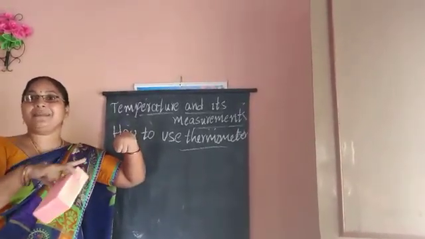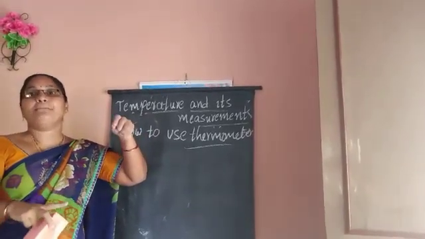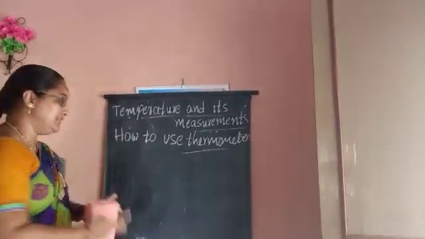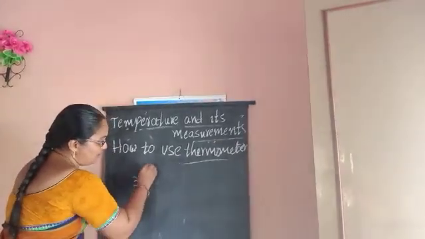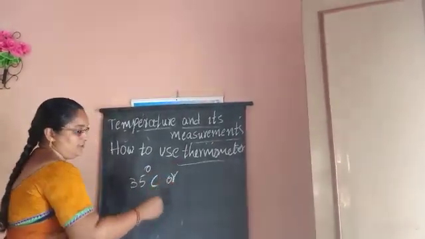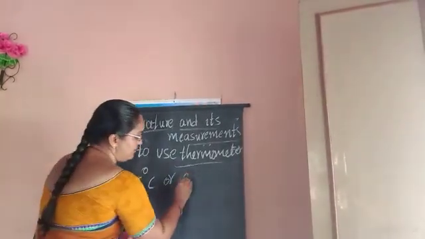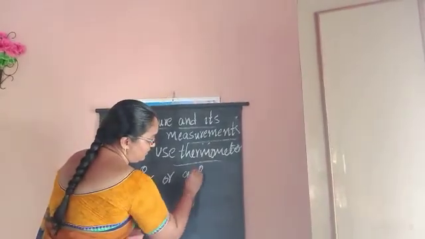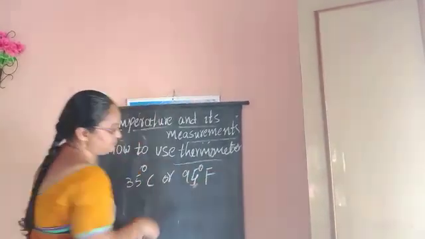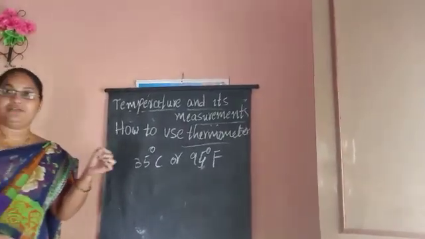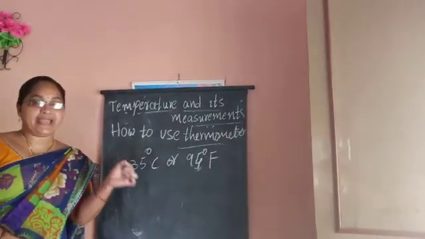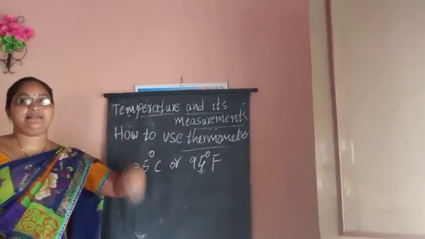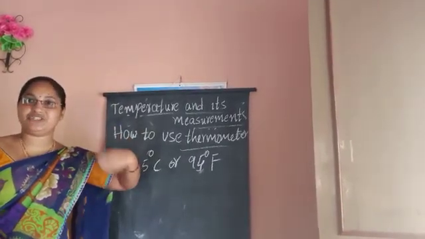The mercury level in the capillary tube must fall below 35 degrees Celsius, or 95 degrees Fahrenheit. After taking out the thermometer from the antiseptic solution, the sister or doctor will give jerks to the thermometer.